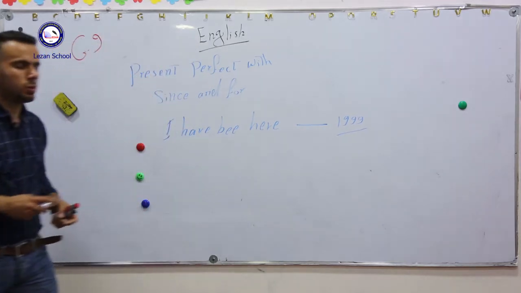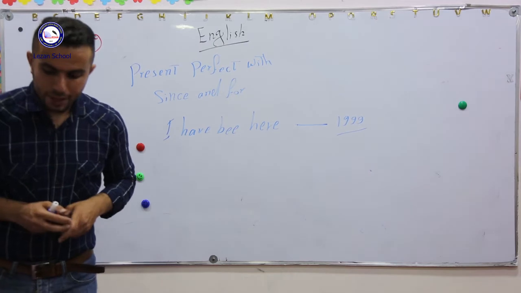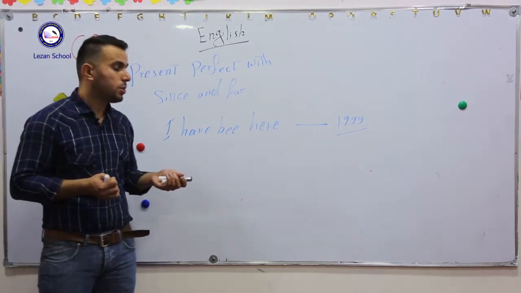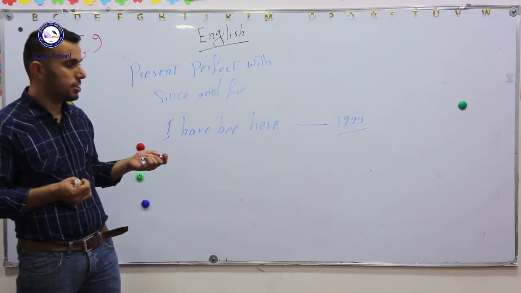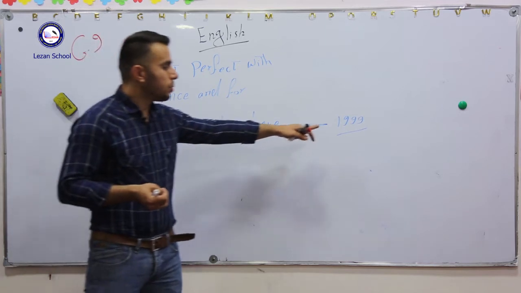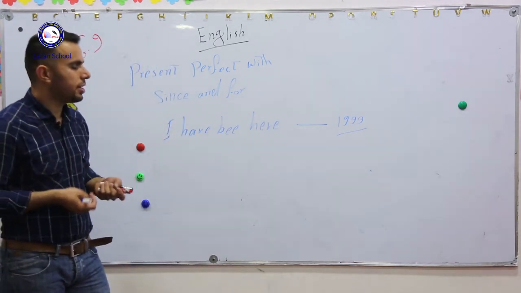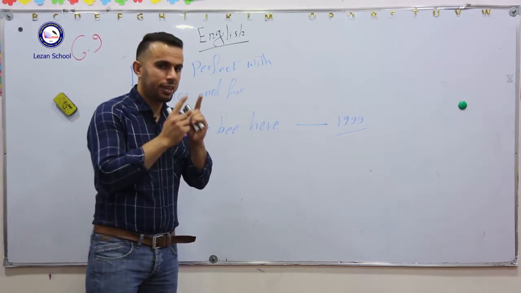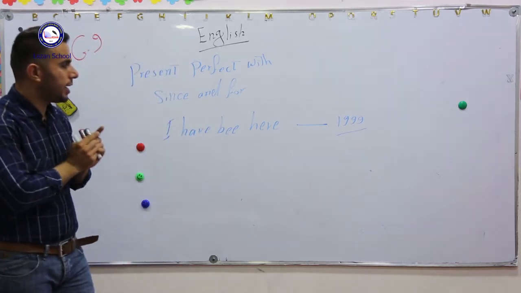You have to choose one among these. Before uncountable things, we have to use what? Since. We cannot say 1/1999, 2/1999. We have only one 1999, so we have to use since before that.